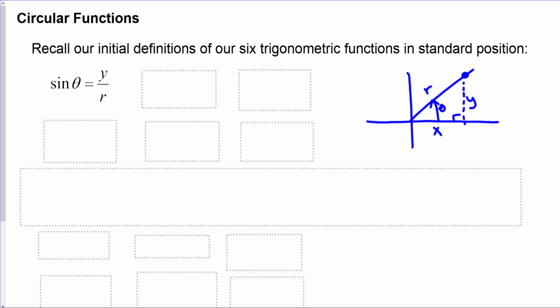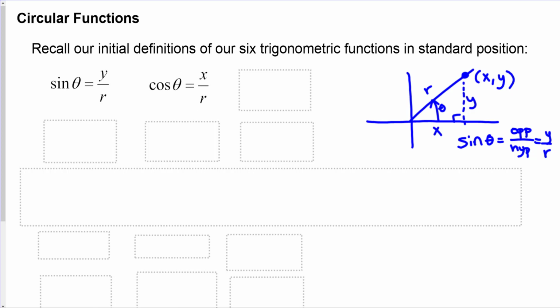And r is the distance to this particular point that we're looking at. So the radius. So if you use your definitions of sine, meaning sine of theta is the opposite side over the hypotenuse, you get y over r in this setup. So that's where we're coming from.